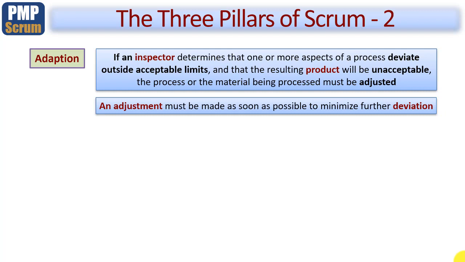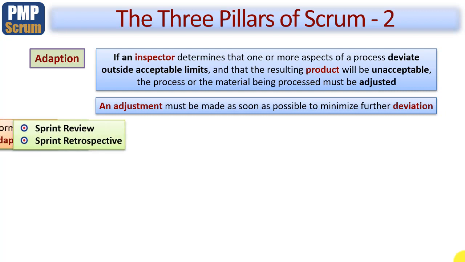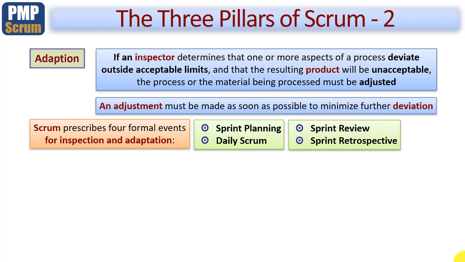Okay, so how exactly does adaptation work? Well, Scrum describes 4 formal events, which we've already touched on at least. The first is sprint planning, and here we'll learn about something called grooming the backlog. More of that later. Then the daily scrum, which is reviewing the progress of the sprint itself, and if there are any problems, what can be done to resolve them.